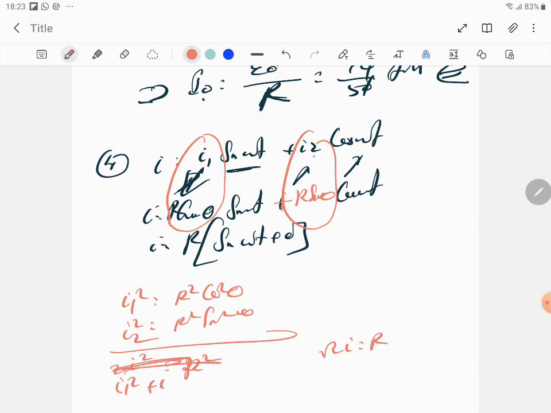It will become I1 square plus I2 square is equal to r square, since sin square theta plus cos square theta is 1. So R, which is the resultant amplitude, is root of I1 square plus I2 square. When these two superimpose, this is how you find the resultant amplitude.